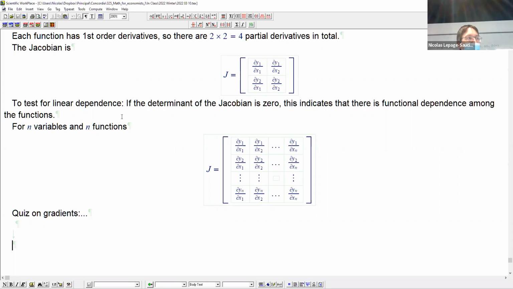The gradient of one is pointing in the same direction as the gradient of the other. Yes, exactly. So we don't want linear independence. Oh, I see what you mean. Yes, if you're looking for a solution to a constraint optimization, then yes, you're looking for that.